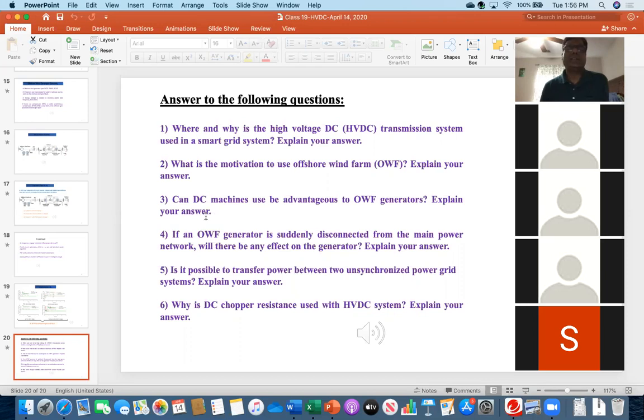So as you can see here, the question is, can DC machine use be advantageous to offshore wind farm generators?